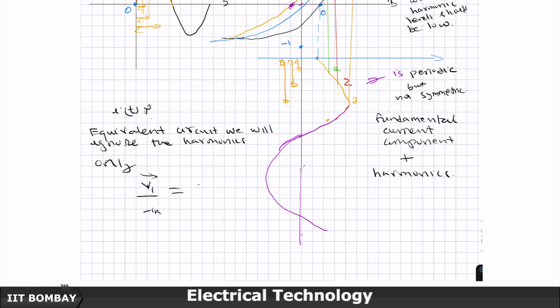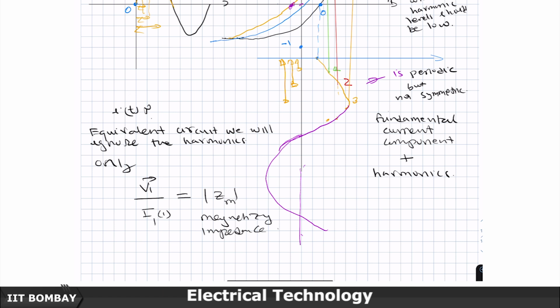I will come to that, what is going to be the jXm, but V is anyway your sinusoidal supply, and for I1 you are taking the first harmonic component of it. When you take this ratio, you will get the magnitude of the magnetizing impedance, and it is going to have two parts associated with it.